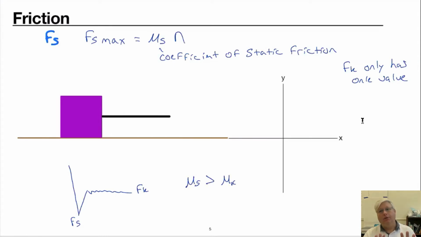You're pushing and pushing, applying a lot of effort, but once it gets moving and you're pushing it along the floor, it's not as hard to keep it moving as it was to get it to start moving. That's the difference between static and kinetic friction. Typically for any pair of surfaces, the kinetic friction is always less than the static friction.